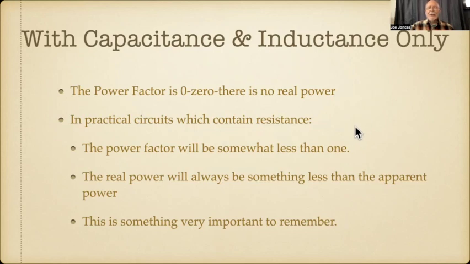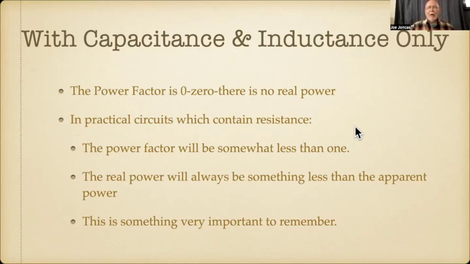Practical circuits which contain resistance, the power factor will be somewhat less than 1, always, because in every real circuit, there are real resistances and real losses. So 1 being 100%? Correct. Yeah, 1 is 100%.